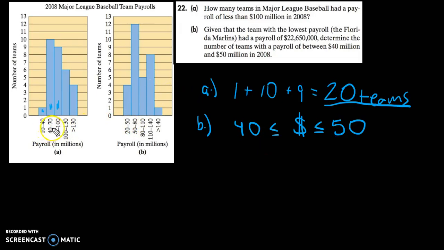Okay, so if we look here, there's a 10 to 40, a 40 to 70 category, there's a 20 to 50. So the 20 to 50 is kind of our closest one, but it includes too much stuff, right? It goes all the way down to including 20 million. We only want to know between 40 and 50. So let's draw out what they have here for a second. So there's one that goes from 10 to 40.